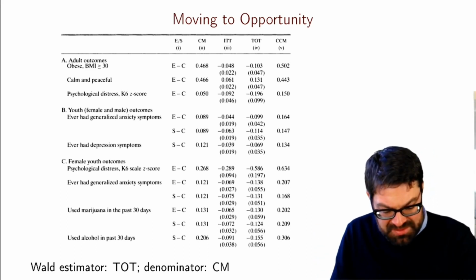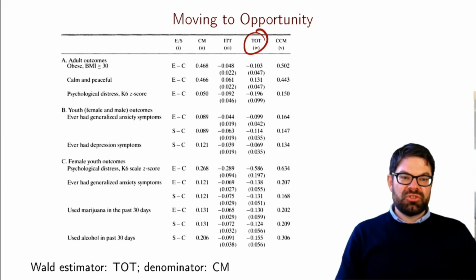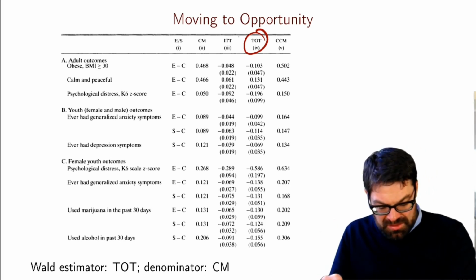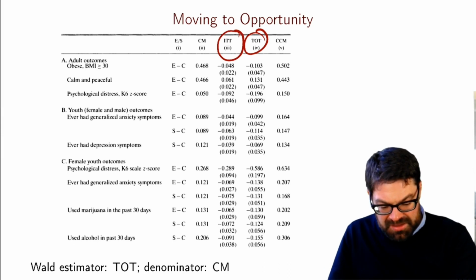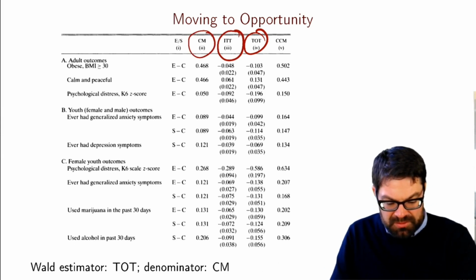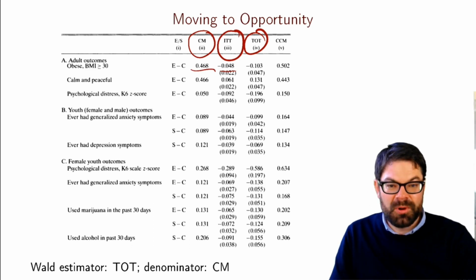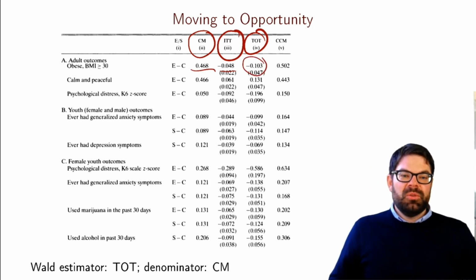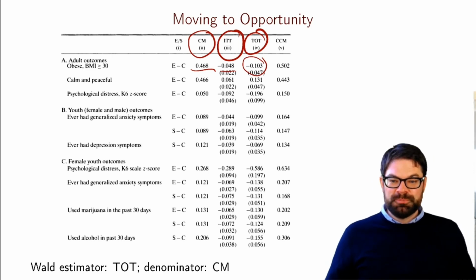Okay, so the Wald estimator is the treatment effect on the treated, and that's the intention to treat effect divided by the first stage. All right, so you can see here, if you divide 0.048 by 0.4678 or something similar, you arrive at minus 0.1.